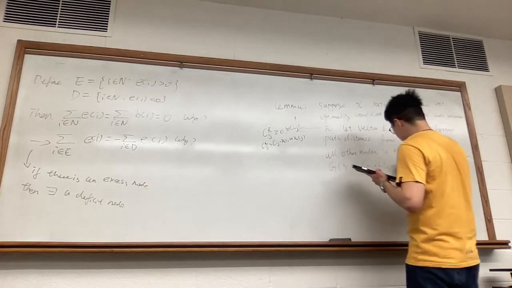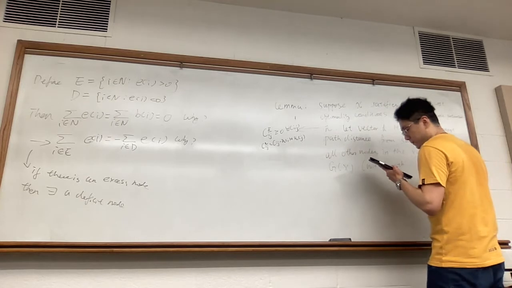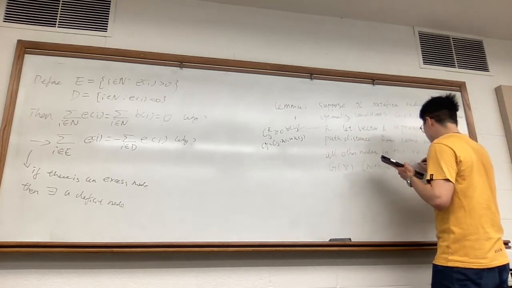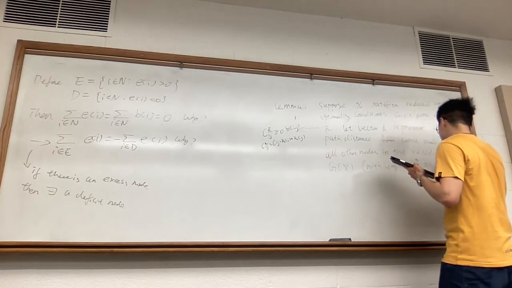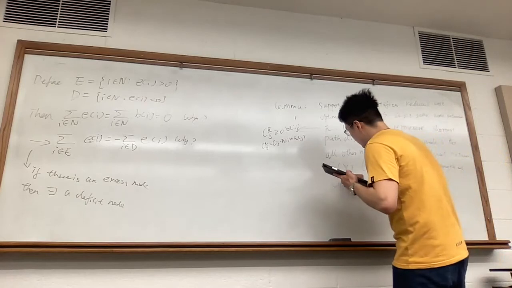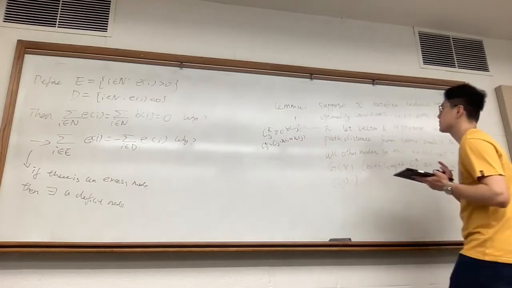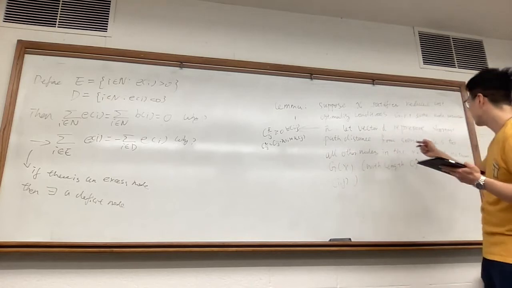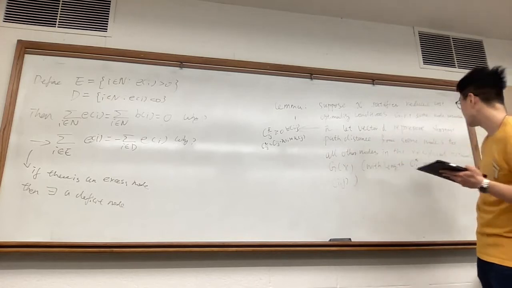Sorry, this sentence is a little bit long, but I just copied it from the textbook. So let me elaborate on this. Vector d represents the shortest path distance from some node S to all other nodes in the residual network.